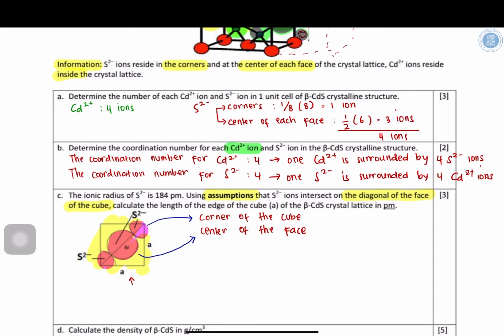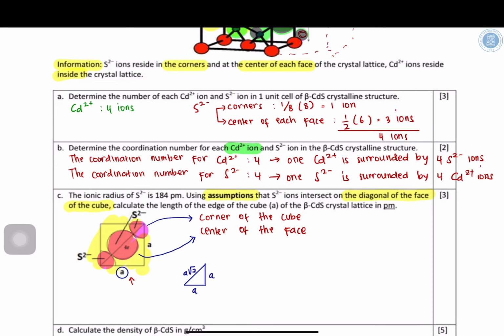for example, here we have the length of the edge of the cube, which is a, and we take one face of the cube, and we know that we can use the Pythagoras formula. If we have a triangle over here, and this is the length of the edge of the cube, and this is the length of the edge of the cube, we know that the diagonal should be a times the square root of 2.